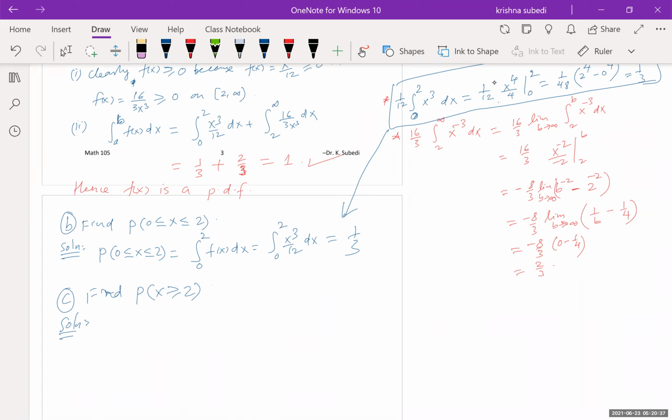So P of x greater than 2 can be written as P of x is greater than 2 and less than infinity, which means the integral from 2 to infinity of f of x dx.